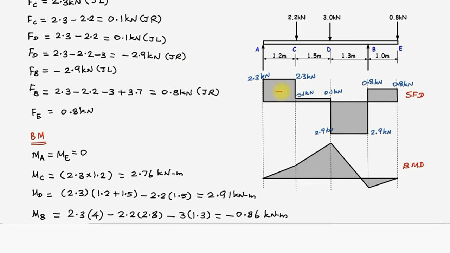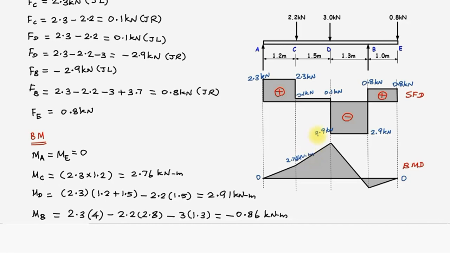This area is positive, this also positive, this is negative and this one is positive. Now coming to the bending moment diagram. The bending moment at the points A and E is 0. Here it is 0, here also it is 0. The bending moment at the point C is 2.76 kilonewton meter.